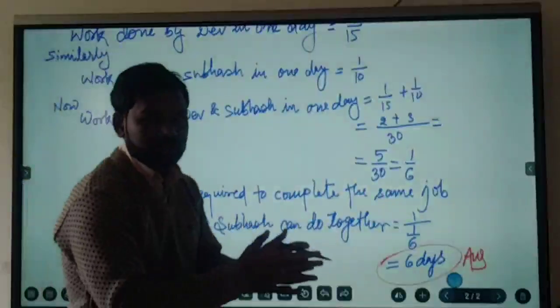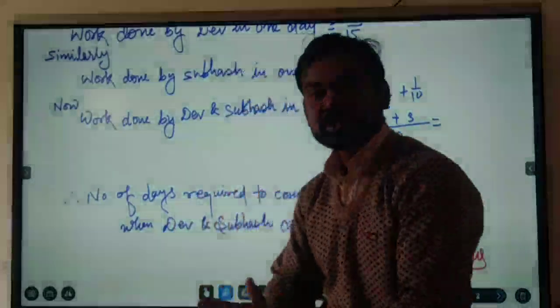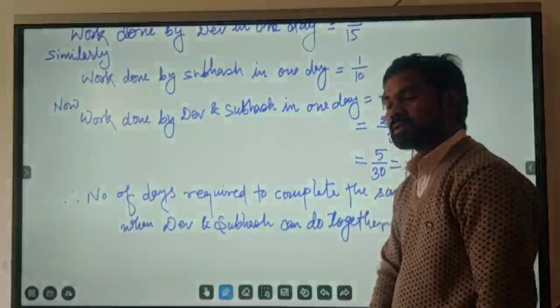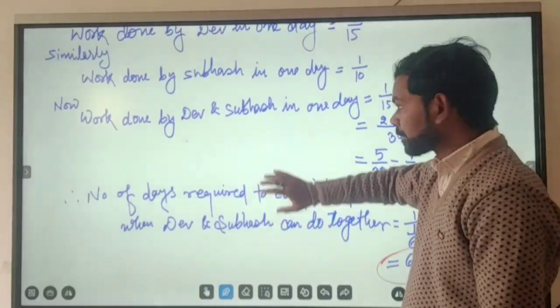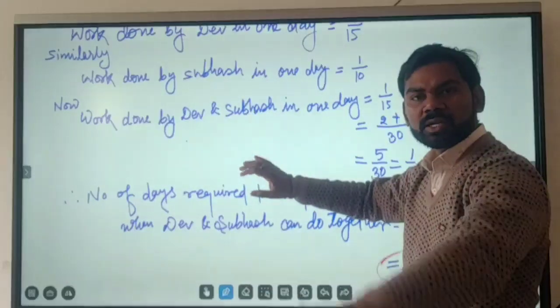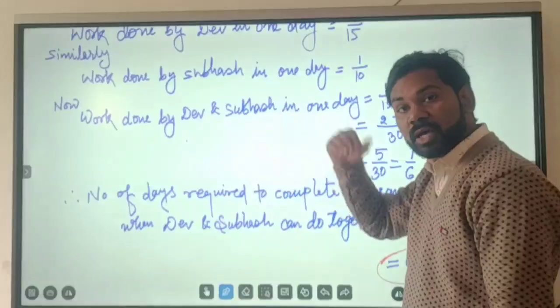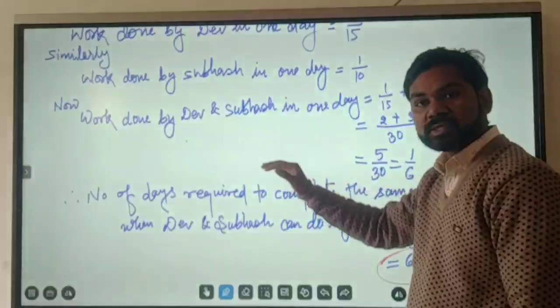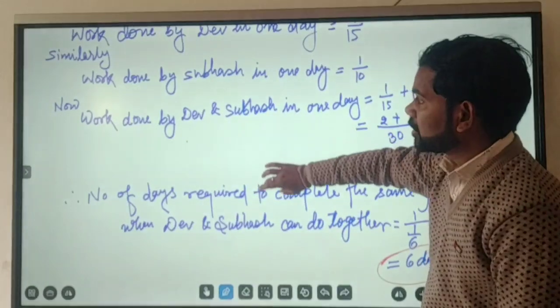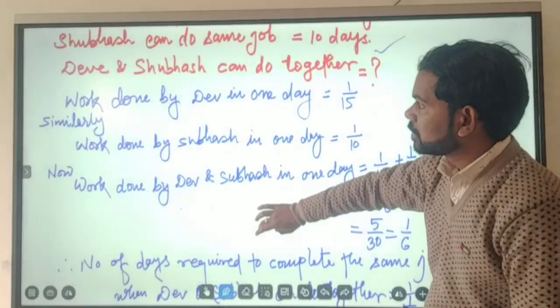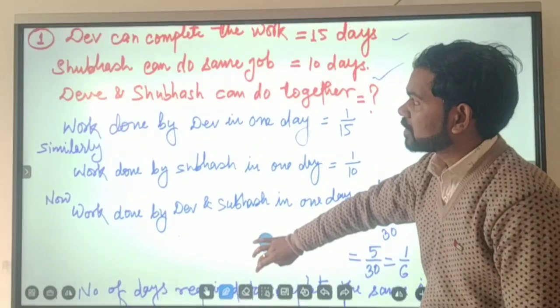In order to understand this question, once again we see the process of solution that we have done earlier. I hope there will be no doubt whenever you solve another question on the basis of the same process. First of all, let's see the question once again.